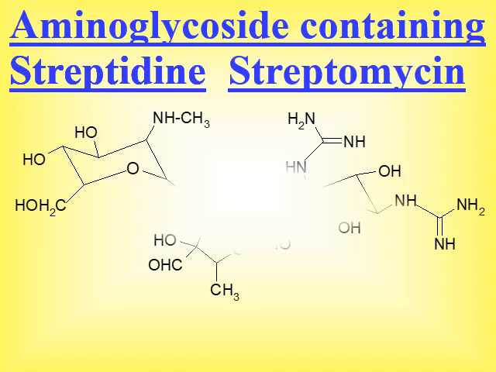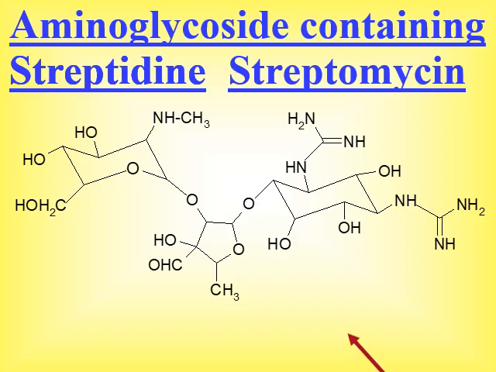So the aminoglycoside containing streptidine, we have streptomycin. This is the structure of streptomycin. Here is the streptidine. As you see here, it is 1,3-diamino inositol. In the 1 and 3 position, we have the guanidine. This is a glucose, and this is a glucose.